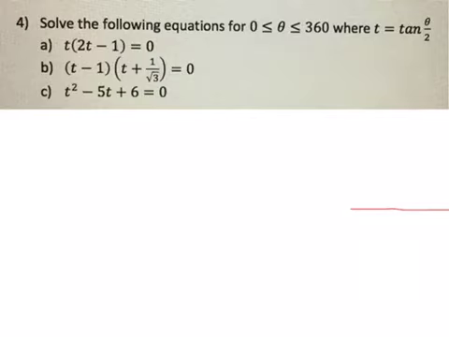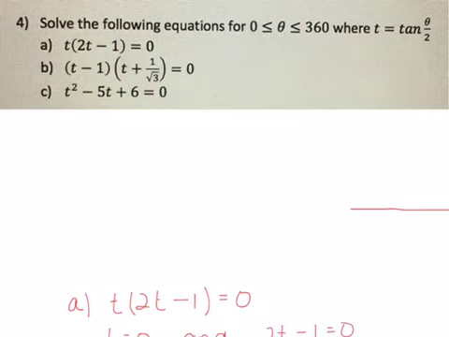So if we look at question A and we begin the solving process, the equation's already factorised for us, and knowing that it equals 0, we can set both factors to 0, so t would be 0, and 2t minus 1 would be 0, giving us two solutions for t of 0 and a half.